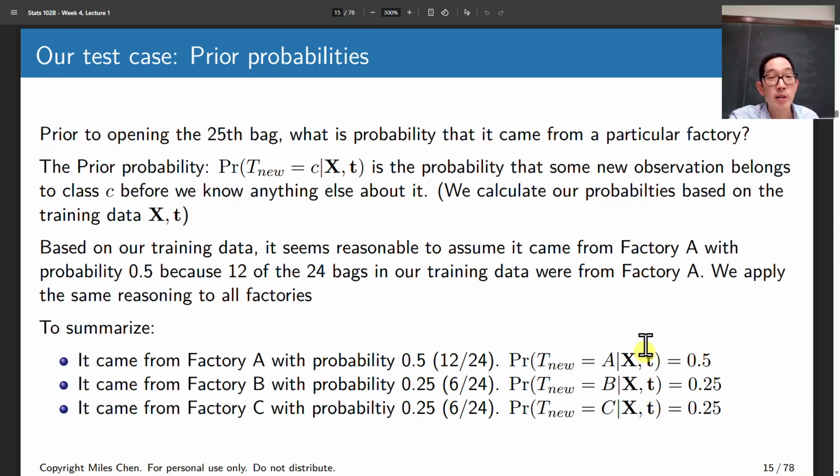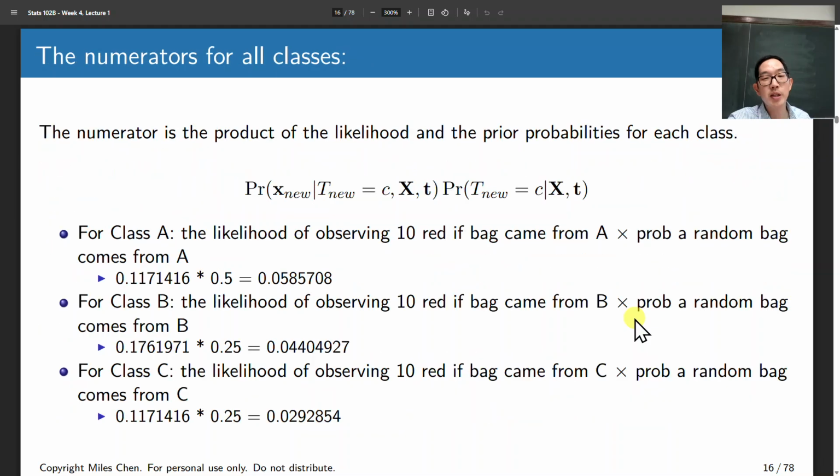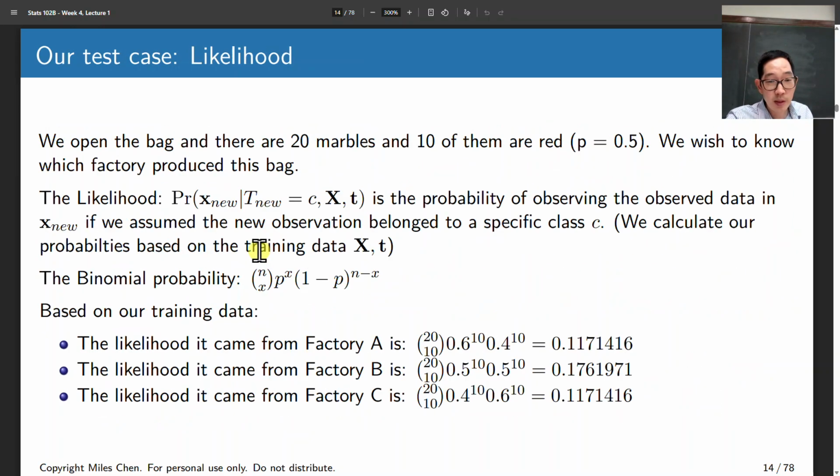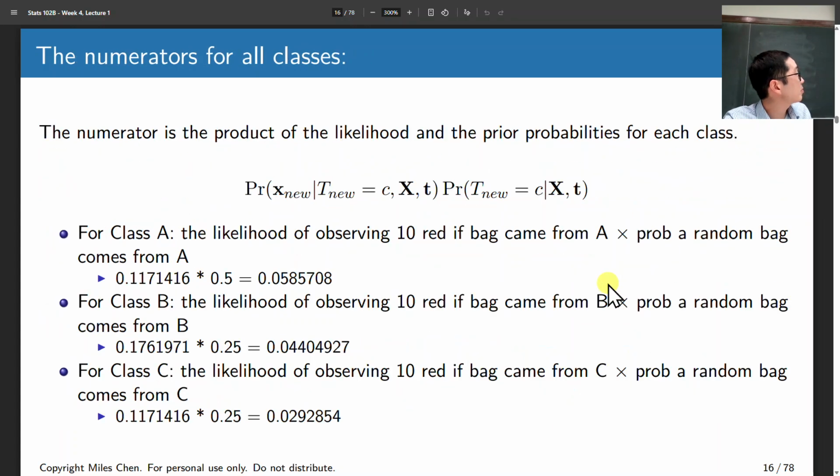We combine our likelihood and our prior just by multiplying them together. The likelihood was the binomial probability from back here, so I multiply the binomial by the prior probability of 0.5. For class B, I take that binomial likelihood and multiply it by the prior probability of 0.25.